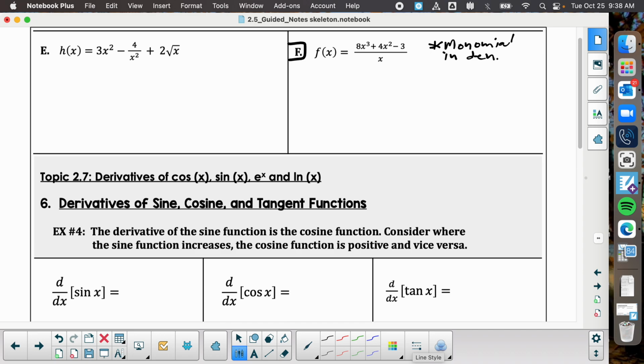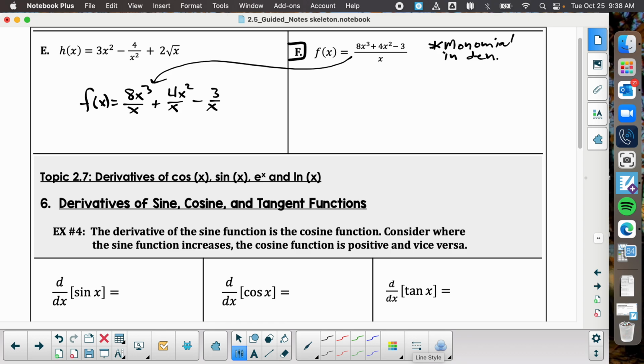One method is going to take the individual terms on the numerator and split them up. So this one you can rewrite as 8x cubed over x plus 4x squared over x minus 3 over x. Now for some people this makes more sense.